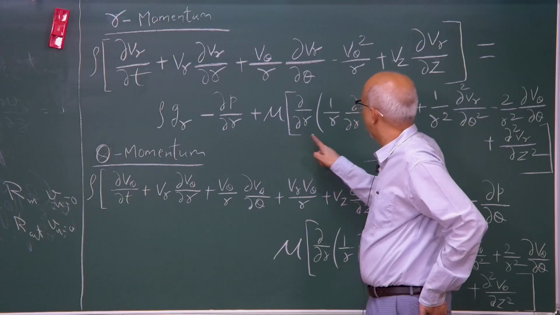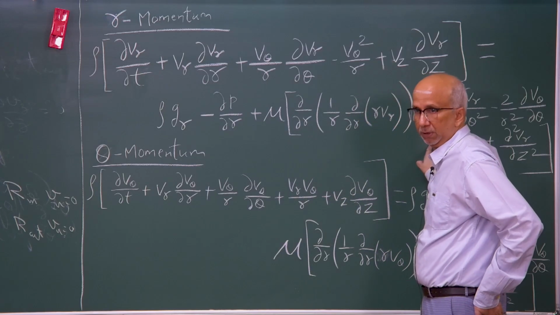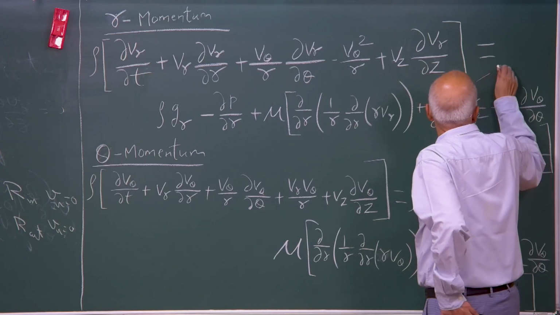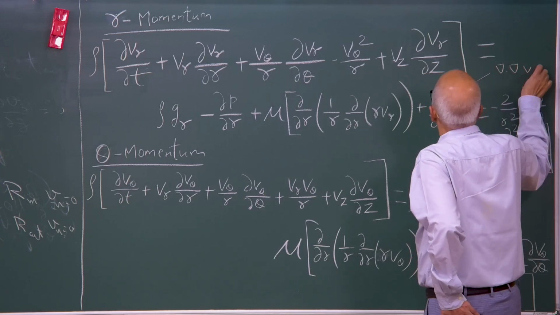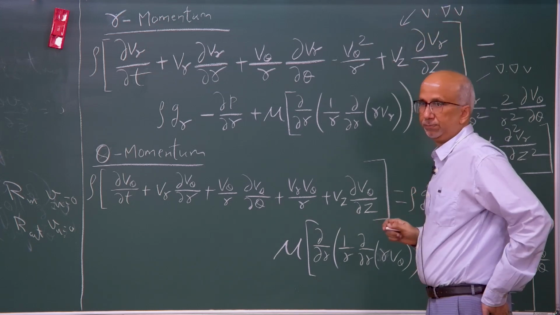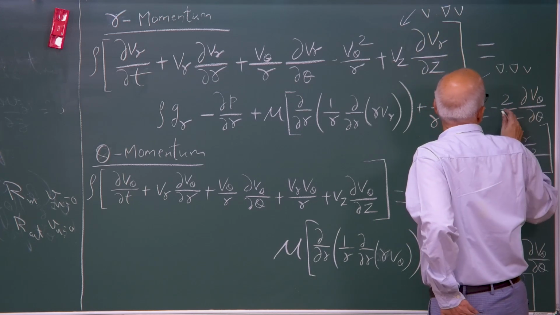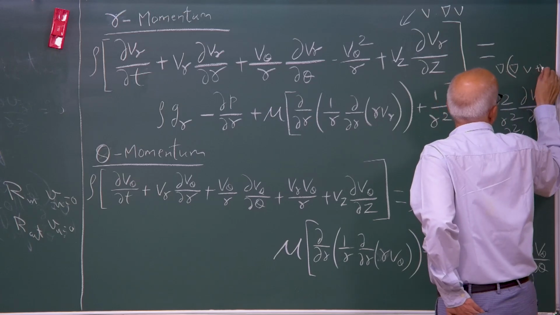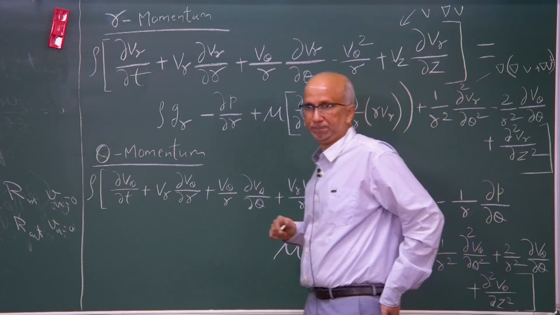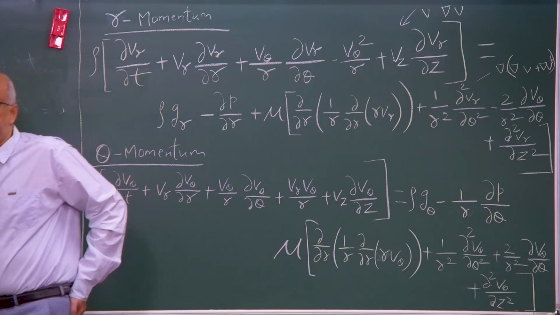What I asked you to do is get these terms, del dot del v. These terms are coming from del dot del v plus del v transpose, which is your homework, and this is what I did. Those are these terms.